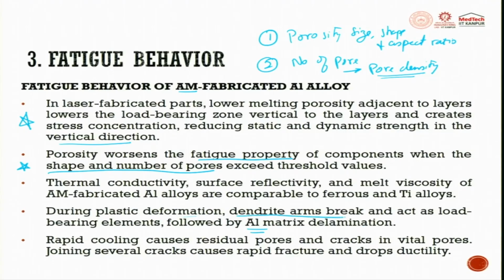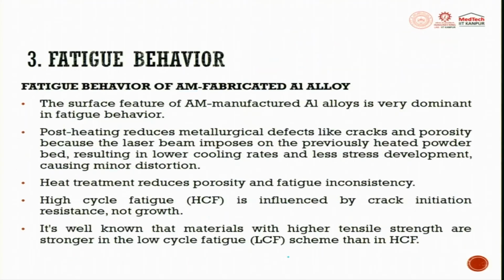Rapid cooling causes residual pores and cracks in vital pores. Joining several cracks causes rapid fracture and drops the ductility, which we saw in the beginning. So, crack formation, crack growth and rapid fracture: three steps are there.